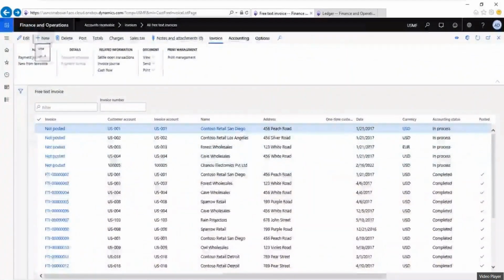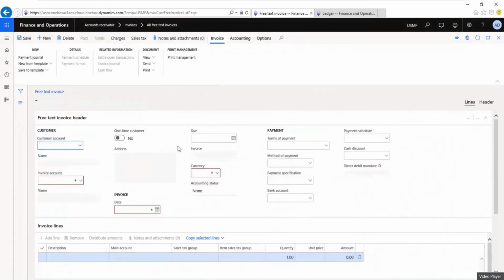Click on new. Select the customer. Any customer is fine, your wish. Based on the terms of payment, the due date will be changed. Here it is 30 days, meaning March 31st to April 18.